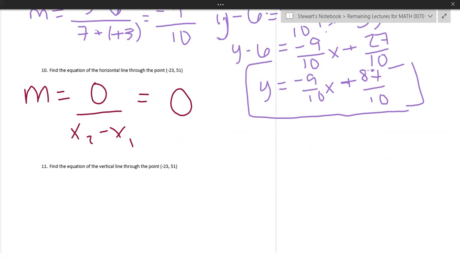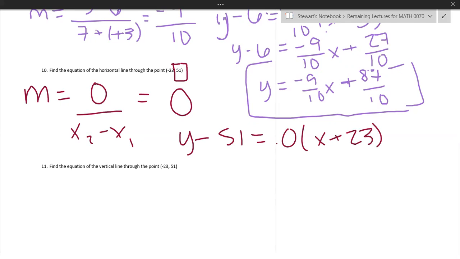So when you have this, the only thing you need to be concerned about is the y value. And since the slope is 0, if we think of our point slope form, we're going to have y minus 51 is equal to 0 times x plus 23 in this case. This is going to be 0. So we just have y is equal to 51.